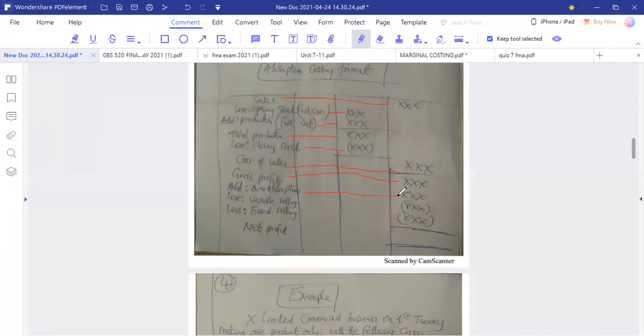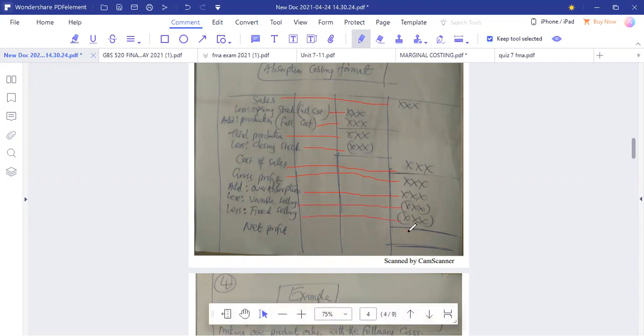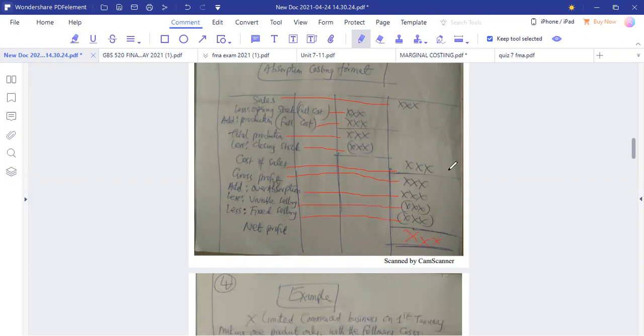So you understand that. I will look at an example. Then variable selling, we subtract this. Variable fixed selling, we subtract. Then we have a net profit. So in both cases, we have the term net profit, but the one has the gross profit and the other one has contribution.